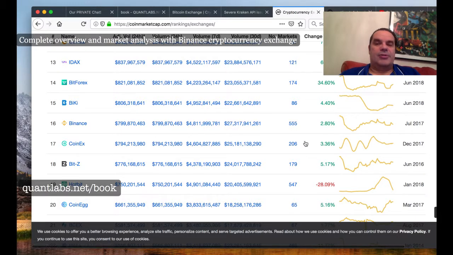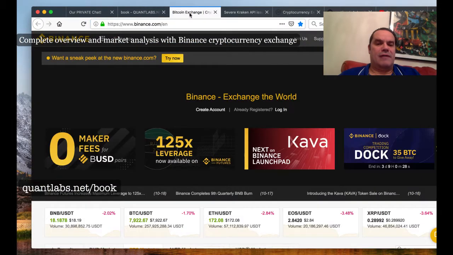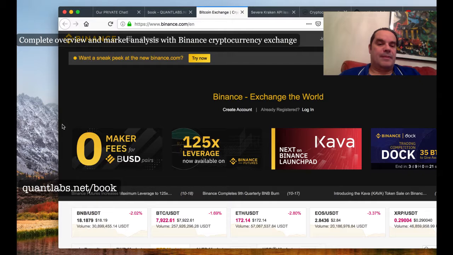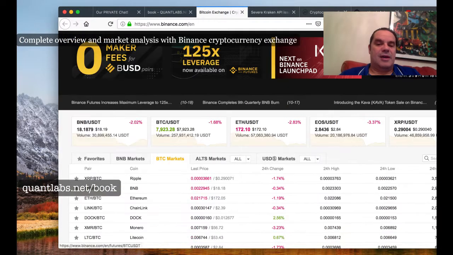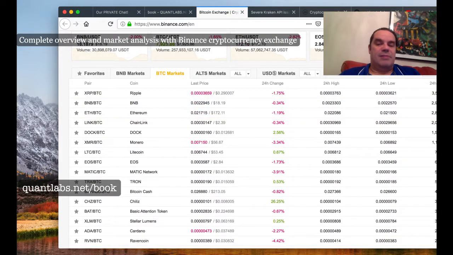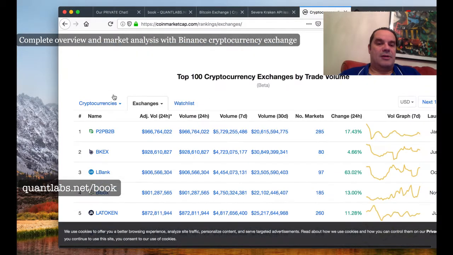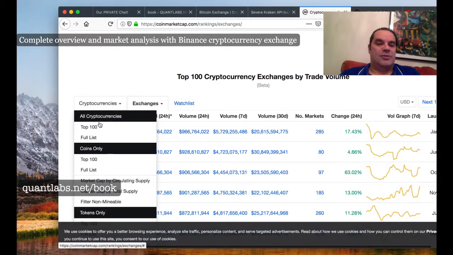Knowing that, let's talk about the different markets you have with Binance. Over the years, when I was with Binance before I tried Kraken and the US based ones, there were a lot of these different markets. So you have the BNB markets. BNB did really well earlier this year up until April and is still a big factor. Let me see its ranking by volume on CoinMarketCap, the top 100.